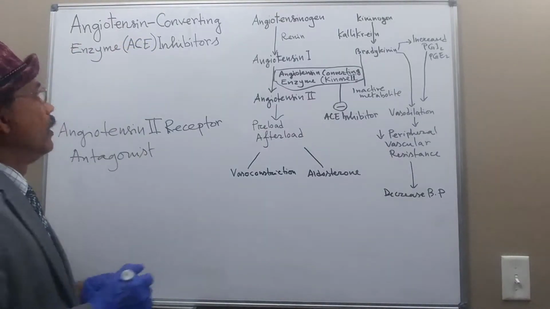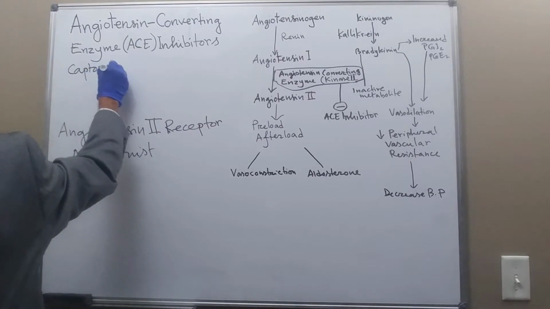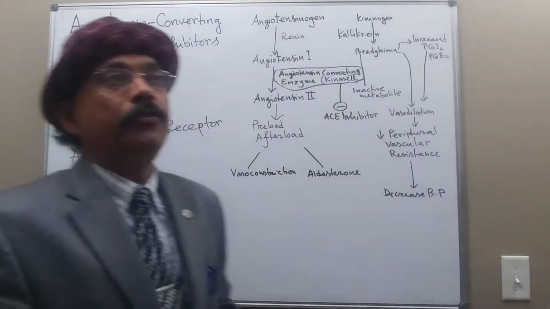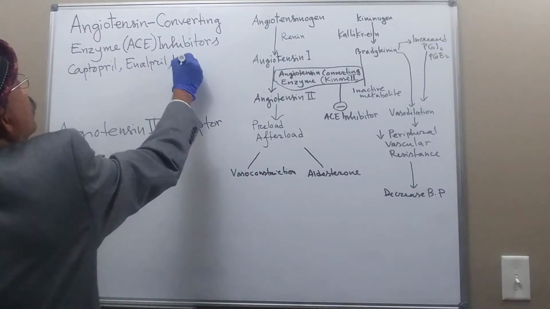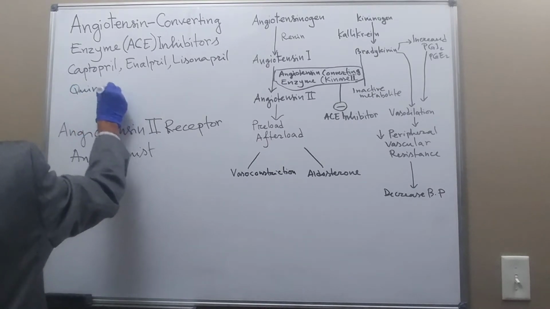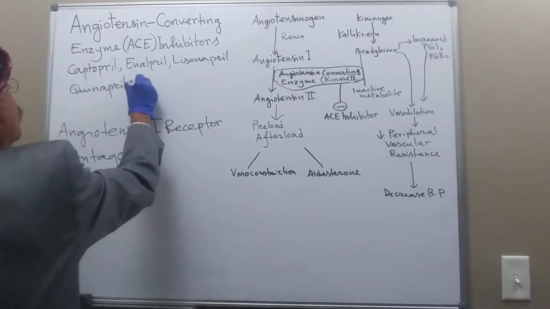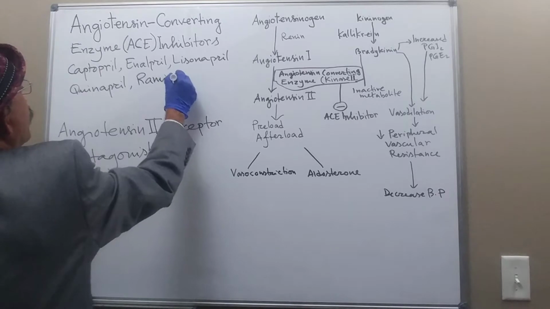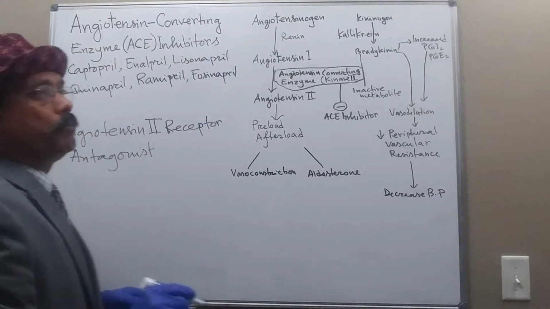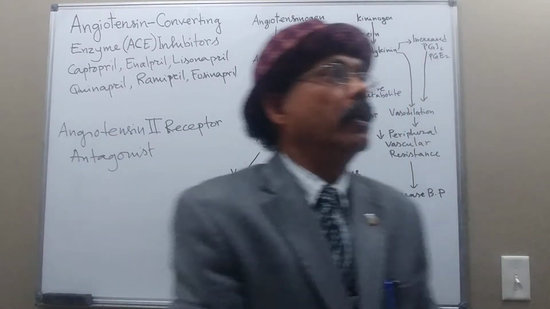The angiotensin converting enzyme inhibitors are captopril, enalapril, lisinopril, quinapril, ramipril, and fosinapril.